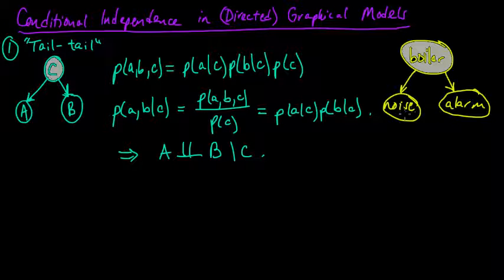Then hearing the noise would not affect my estimate of the probability of the alarm going off, because I already knew that the boiler was on, and any estimate of the probability of the alarm going off would just be based on that and not on my hearing the noise afterwards. So conditioned on knowing that the boiler was on, these would be independent. Hearing the noise wouldn't affect my estimate of the probability of the alarm.